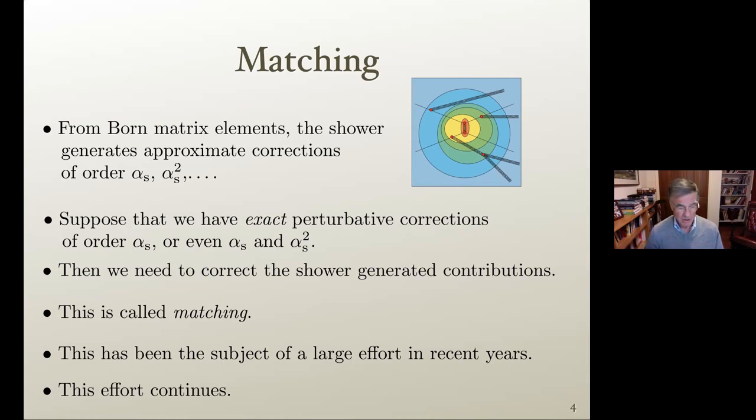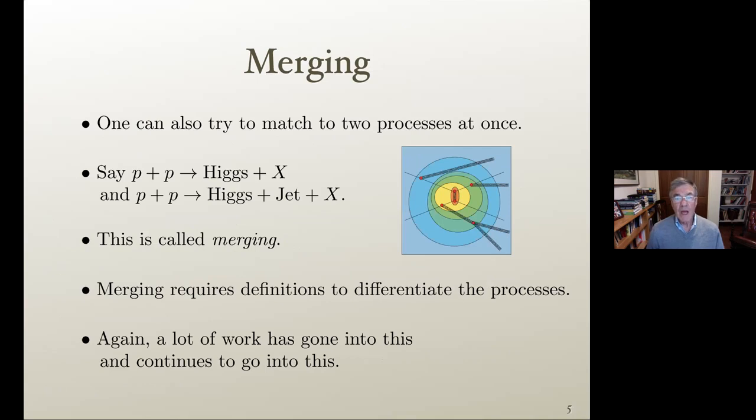And we had a nice talk just this morning by Marius Wiesemann of how that works. It's very important, and it's been the subject of a very large effort in recent years, and that effort is continuing. And there's a related issue, merging. That's where you try to match the 2 processes at once.